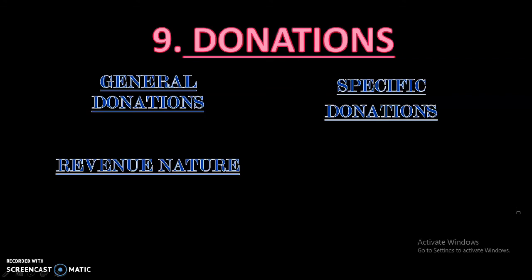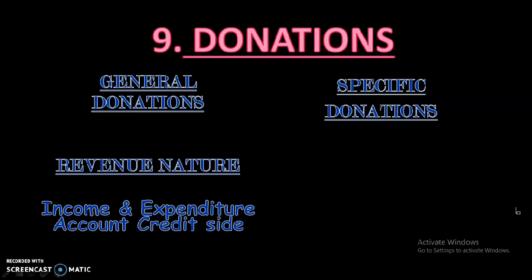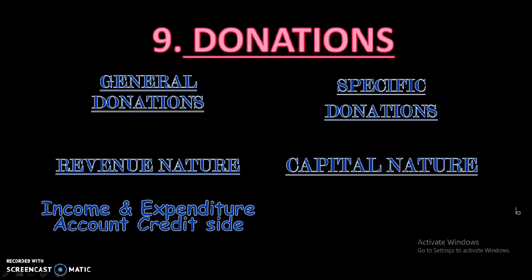And since they are revenue income, we always write it to the income and expenditure account, to the credit side. Specific donations, they will be received for a specific purpose. So they are treated as capital incomes. They are of capital nature. So it is written to the liability.